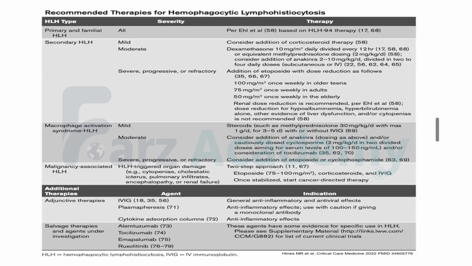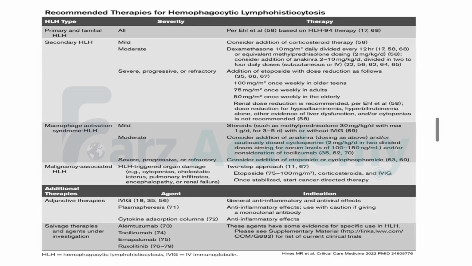In moderate disease, again add anakinra, or you can think about tocilizumab and cyclosporine as well. In severe cases, etoposide and cyclophosphamide. Malignancy associated: again etoposide, steroids, and IVIG. Once stabilized, once the patient gets a little better, then start chemotherapy.